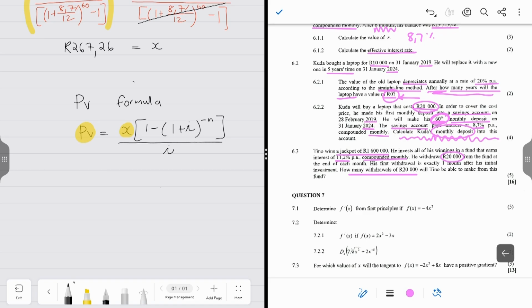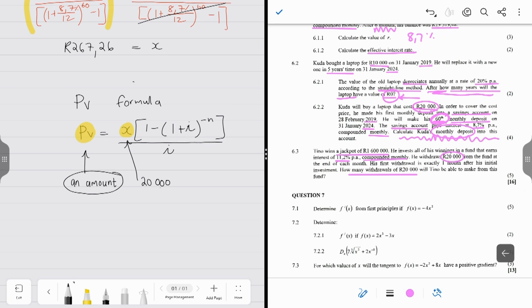Now let's not think of it as a loan. Let's think of it as an amount of money. PV is an amount of money. As I take out 20,000, so X is your 20,000, the amount of money gets less, but it still grows on what is left.